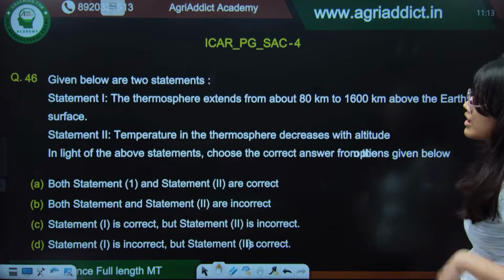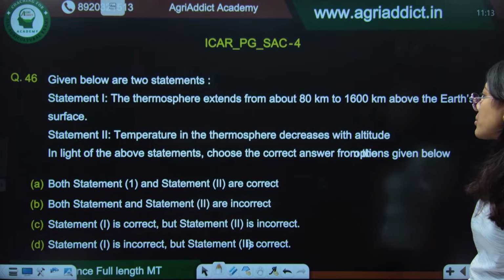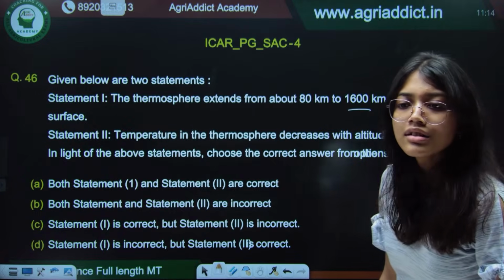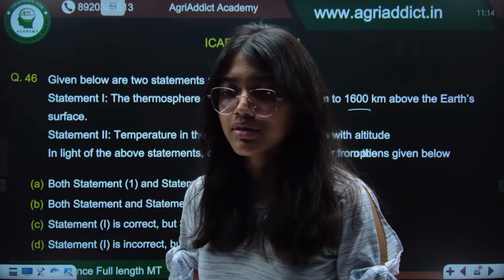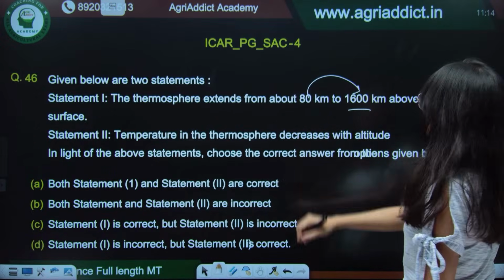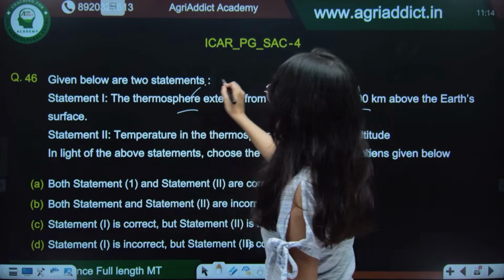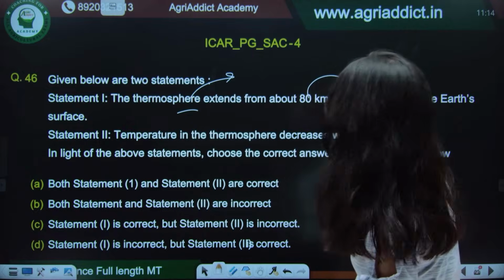Next. The thermosphere extends from about 80 kilometer to 1600 kilometer above the surface of the earth. I have applied GATB, IIT JAM, CVT PG. We know that the other name of thermosphere is, comment in the chat box, what is the other name of thermosphere?